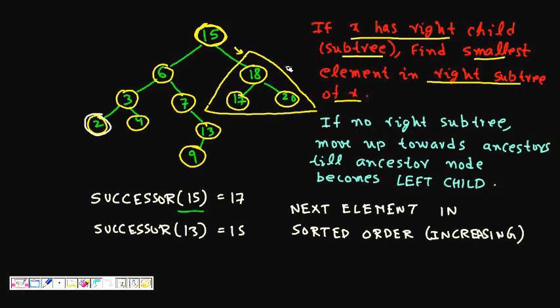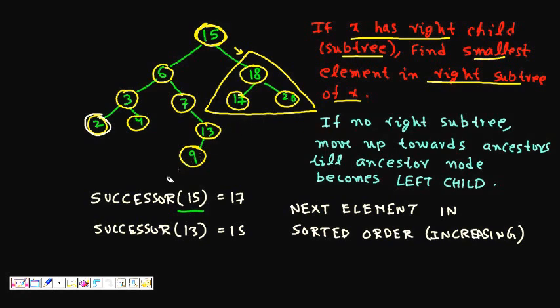Now you will ask how to find the smallest element in a given subtree. Just from the root, keep traversing towards the left till you hit a node which has no left child. That will be the smallest element in the given subtree. So we find that.